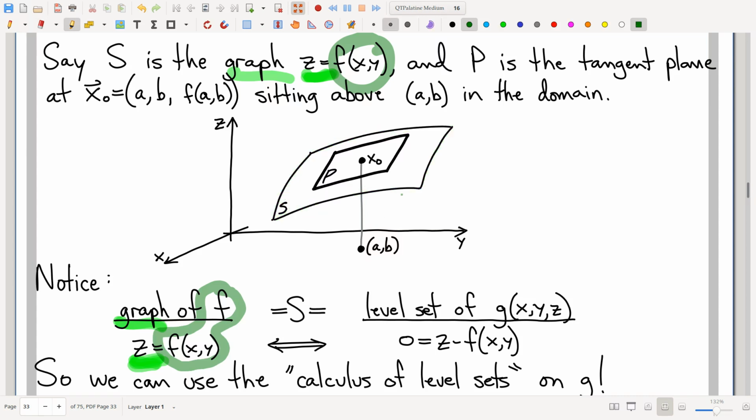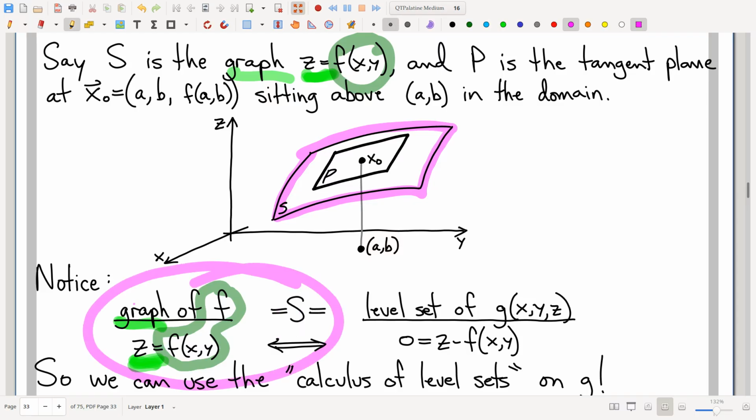But keep in mind, anytime you have a graph, you can reinterpret that as a level set. And I'm just going to pull that little algebraic fast one that we talked about back in early chapter 2.